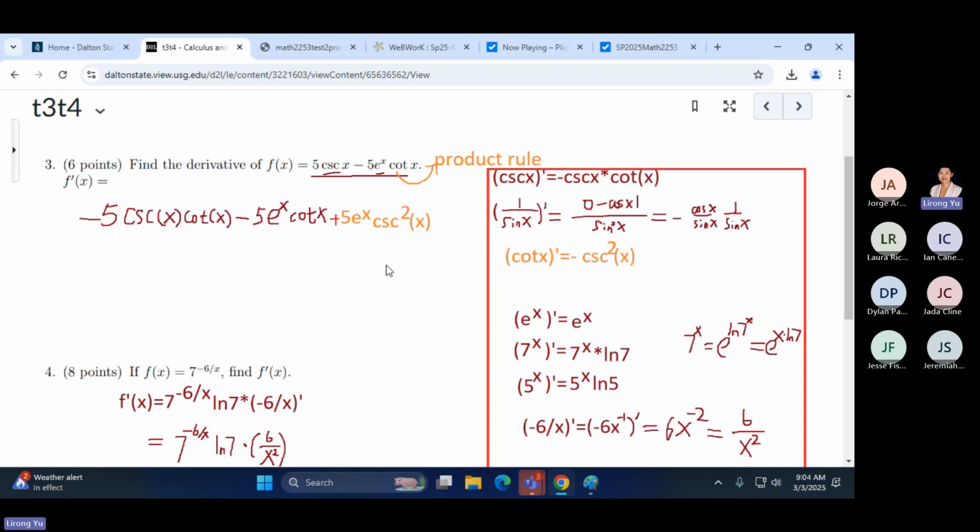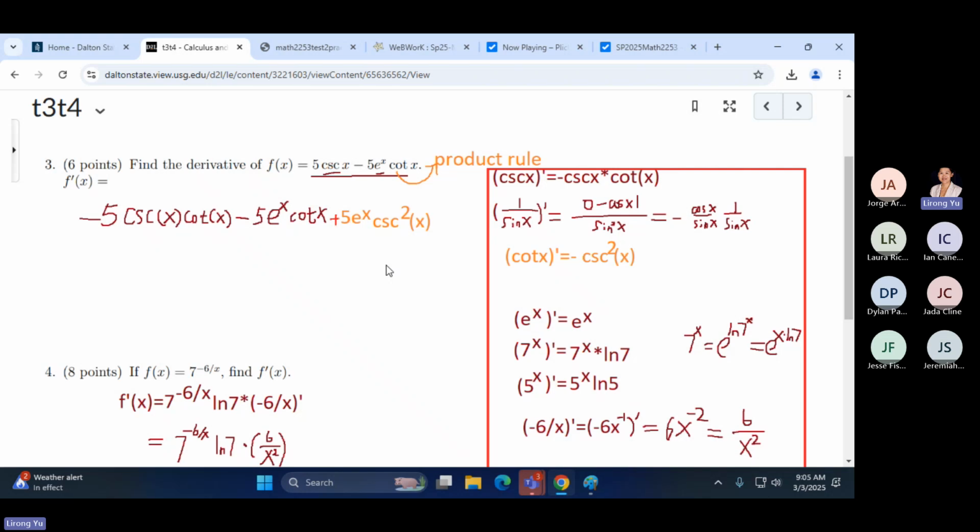Cosecant is 1 over sine, which is a division, so you divide by the square of the denominator, and the numerator's derivative is 0, minus the 1 times the denominator's derivative. That's why it's negative cosine over sine squared, which is negative cosecant times 1 over sine. So this is proving the formula within the formula. The calculation is on the left: the derivative of cosecant is negative cosecant times cotangent.